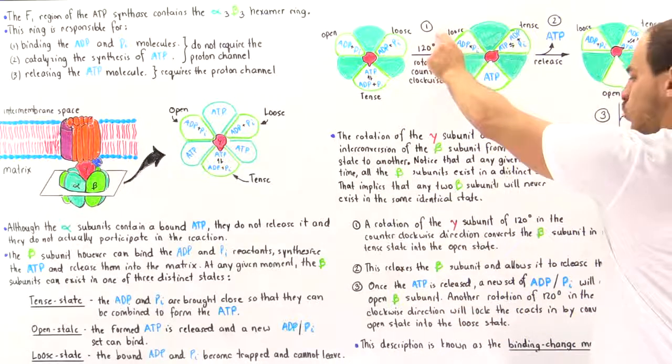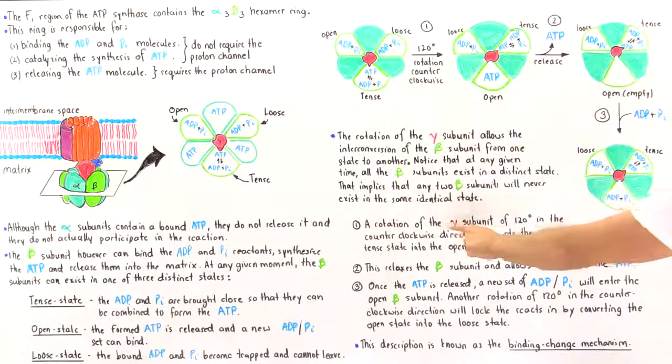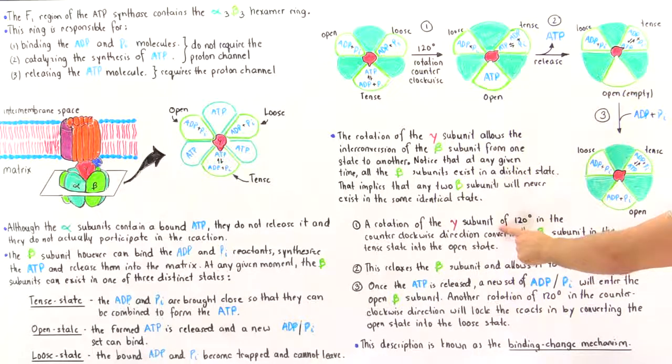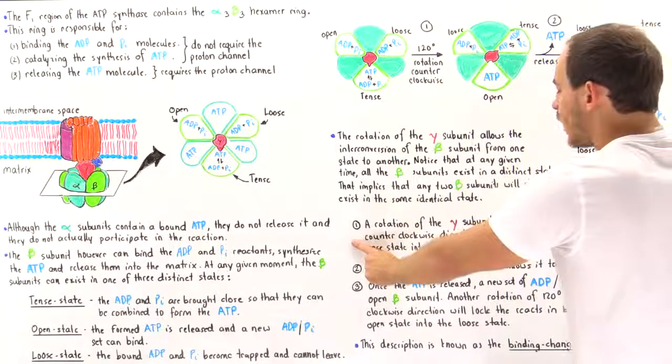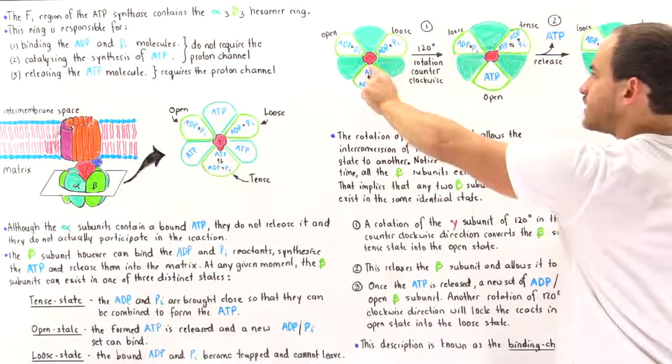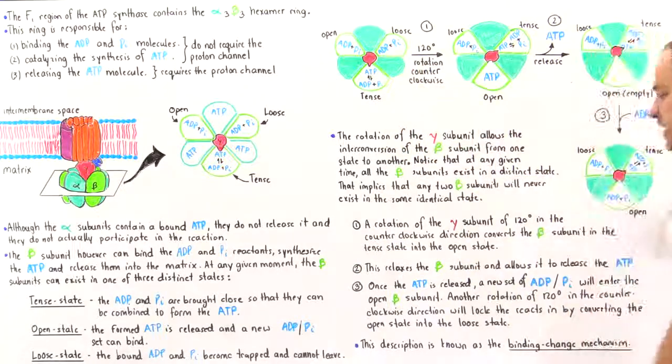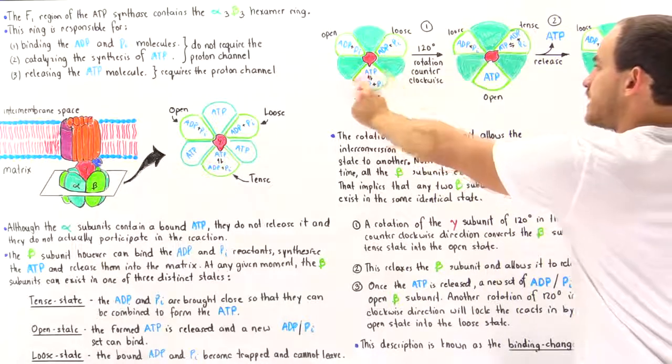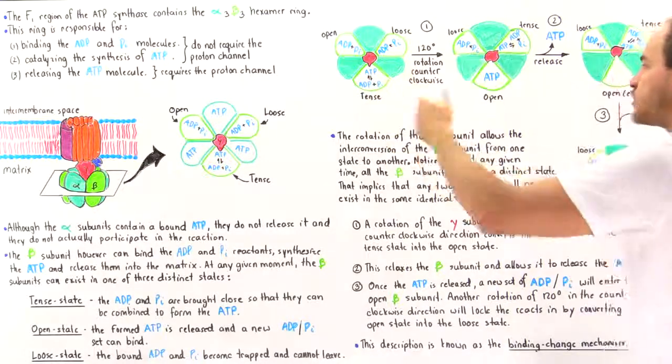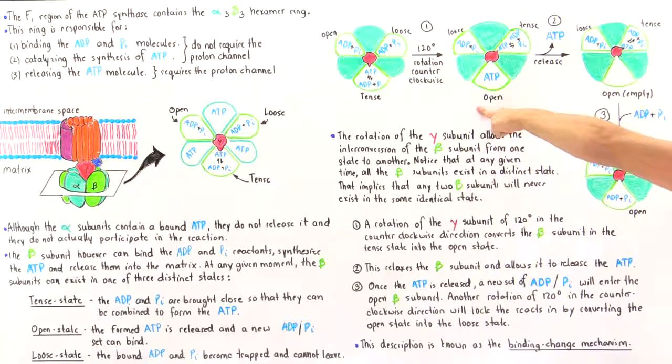So in reaction 1, a rotation of the gamma subunit of 120 degrees in a counterclockwise direction. So when this arrow moves here 120 degrees, this structure here in the tight state changes into the open conformation, the open state.